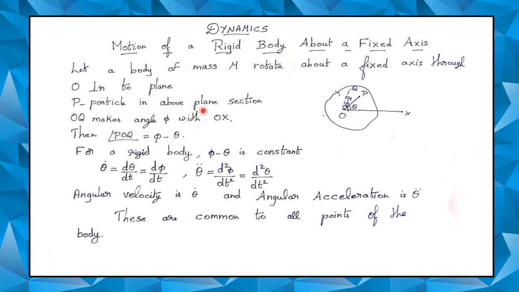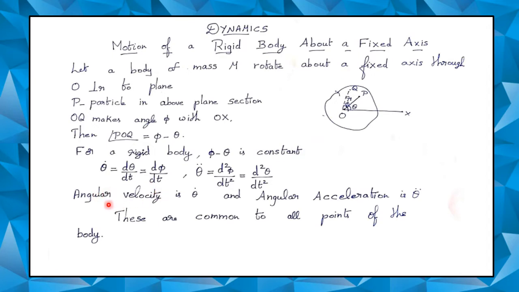Let P be a particle in the plane section, and OQ makes an angle phi with OX. So the angle QOX is equal to phi, and the angle POX is equal to theta. Now this angle POQ is equal to phi minus theta, and for a rigid body, this angle phi minus theta will be a constant value.